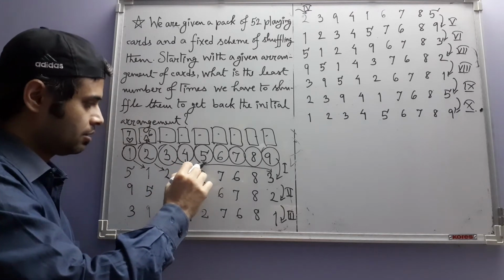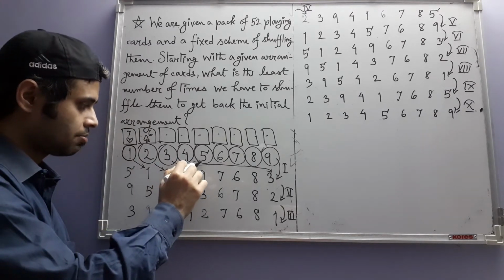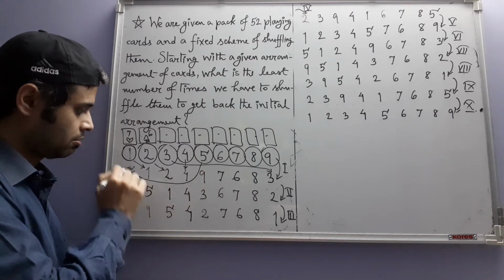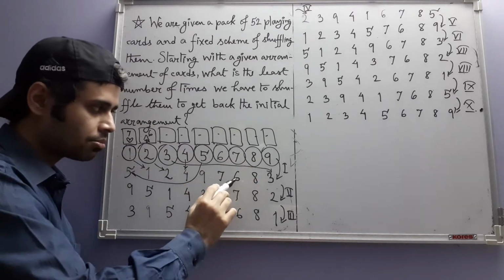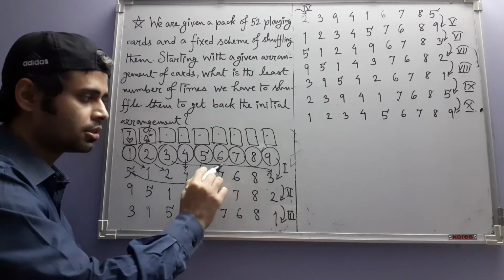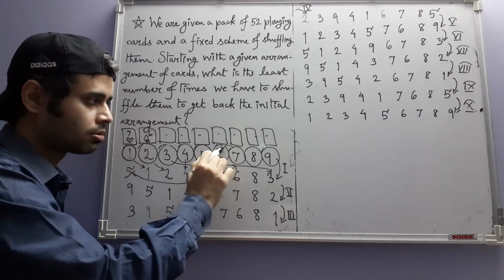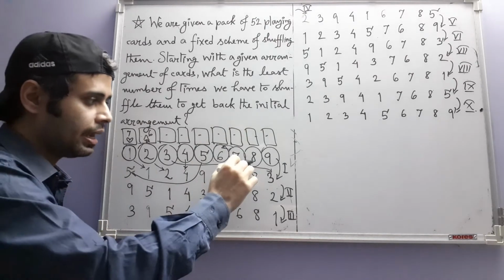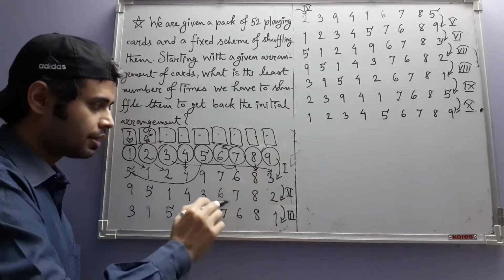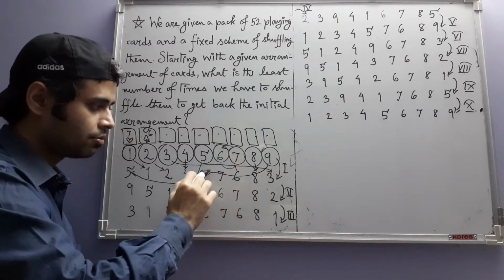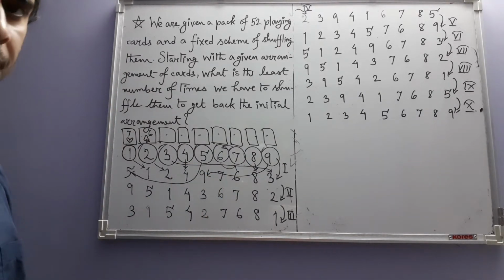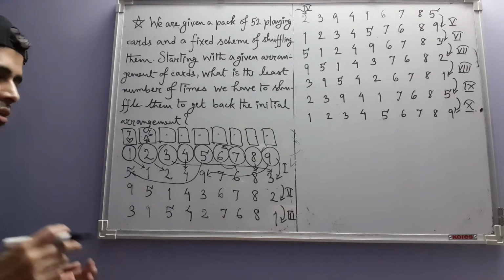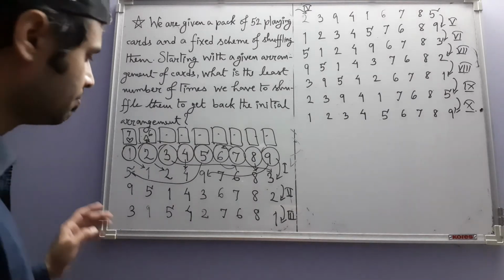The fifth one comes to the first place. The sixth and seventh ones switch positions. The eighth one stays the same, and the ninth one comes to the fifth place. So this is my shuffling scheme. Some random shuffling scheme, but nevertheless it's the shuffling scheme.